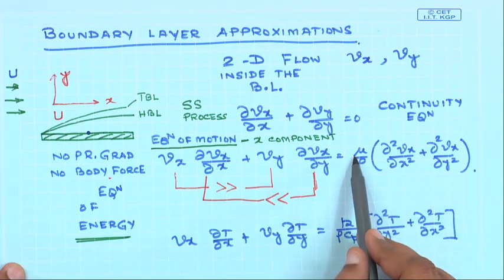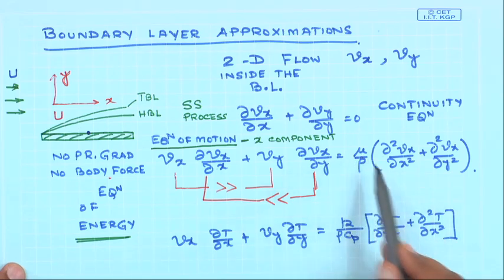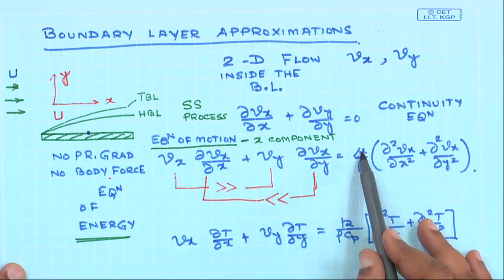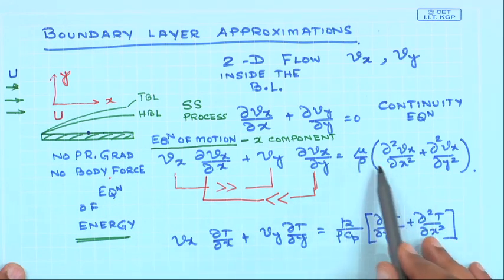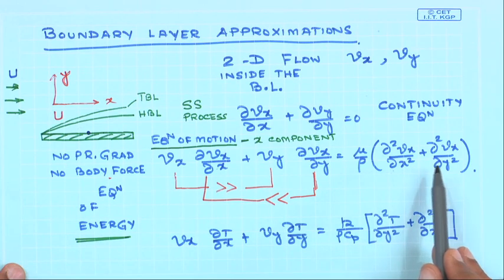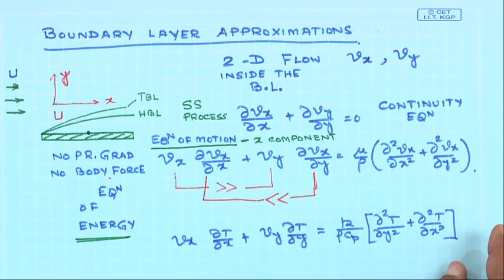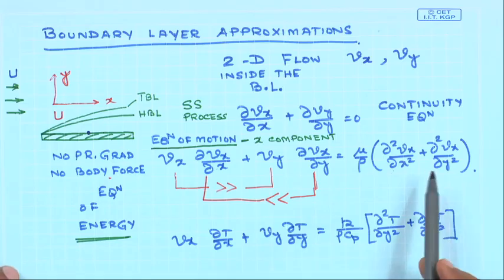I have mu in this case. Wherever I have mu, the same way as in k, this presence of mu makes the significance of the two terms on the right hand side, they collectively refer as the diffusive transport of momentum. So what is diffusive transport of momentum?